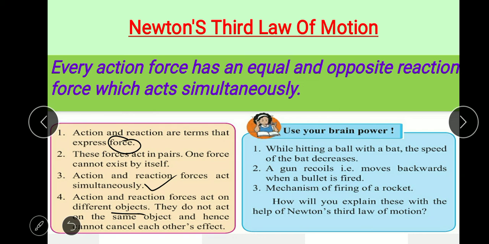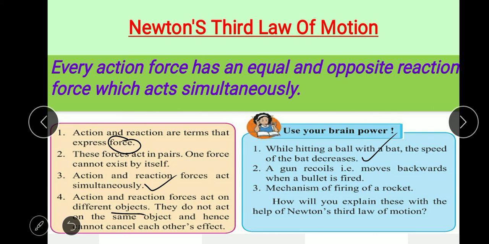Now a few examples. While hitting a ball with a bat, the speed of the bat decreases, students. While playing cricket, when we hit the ball with the bat, what happens, students? The ball goes far away, but the speed of the bat reduces and the bat stops.